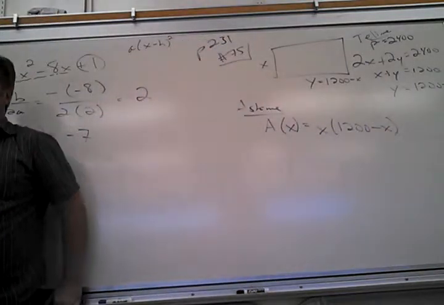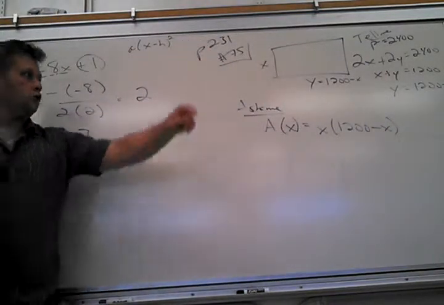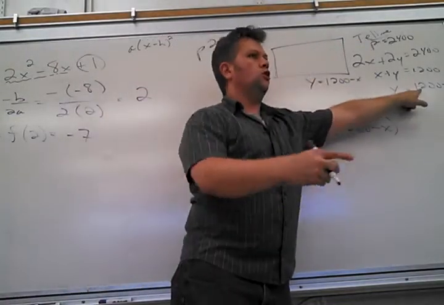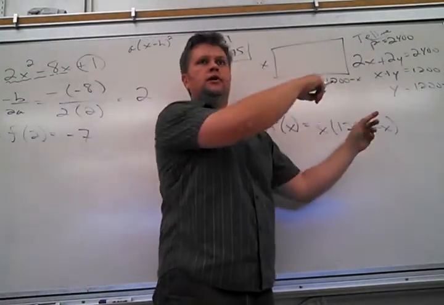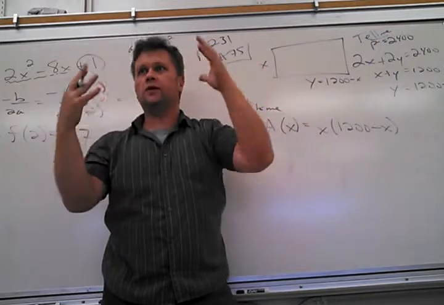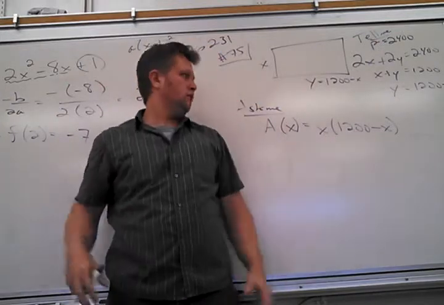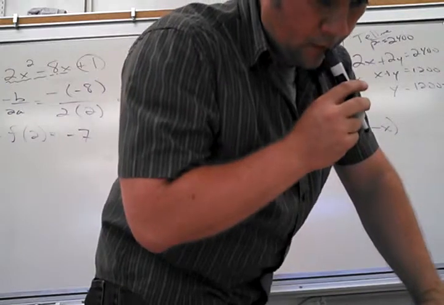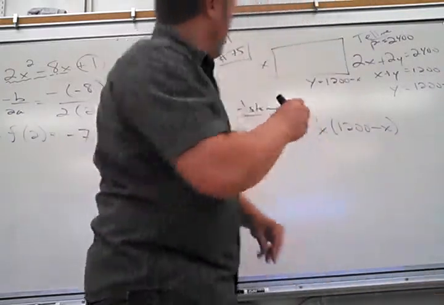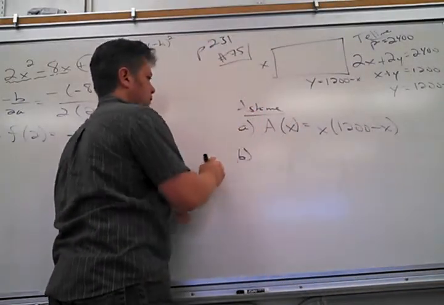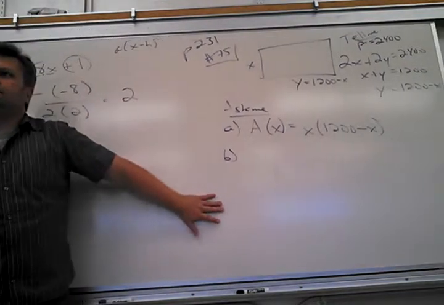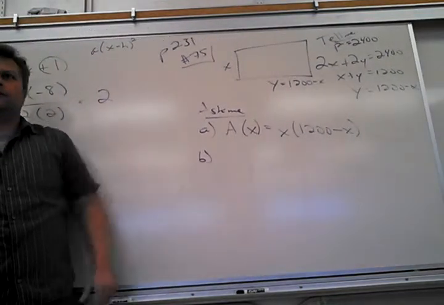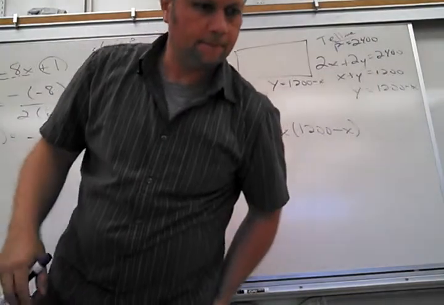Not a big deal. So you use what they tell you in what they ask you. That's why they have to give me something to work with, or else I don't know. So that's part A: find a function. And then part B is the one that's got all the work in it. It says find the dimensions that would maximize the area.